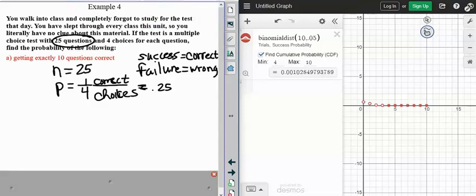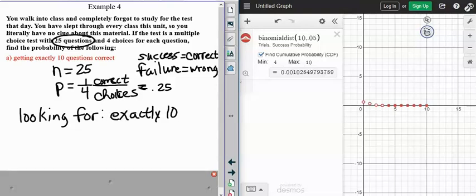Now the next part, the looking for. That's the part that's exactly 10 questions. So we're talking about exactly 10 questions.